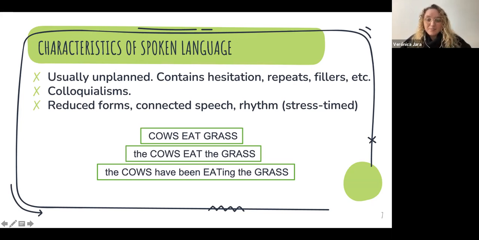As you can see, these words, the, or have been, or the again here, are sort of squeezed between the stressed words. Sometimes when students say, but I don't understand what the person says, or I didn't hear that, it's because those words are unstressed.